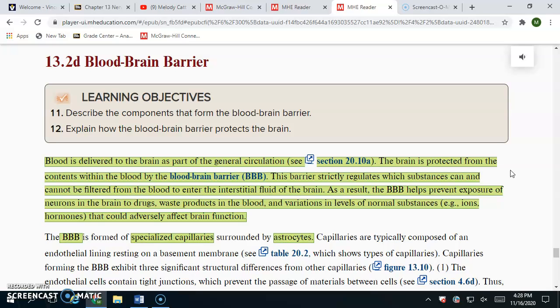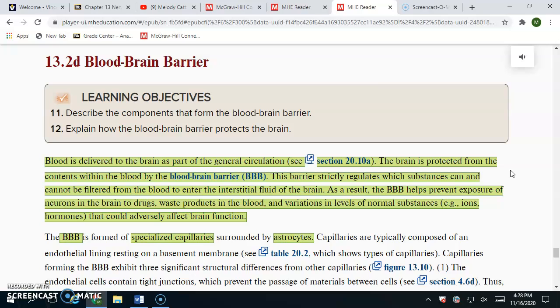Usually it'll eventually make it to the kidneys, and we'll excrete waste products that way. But while it's circulating, even to the brain, some of those waste products can be in amounts that could, again, excite neurons when we don't want them to be excited. And there are certain drugs, too, that could excite neurons when we wouldn't want them to either.